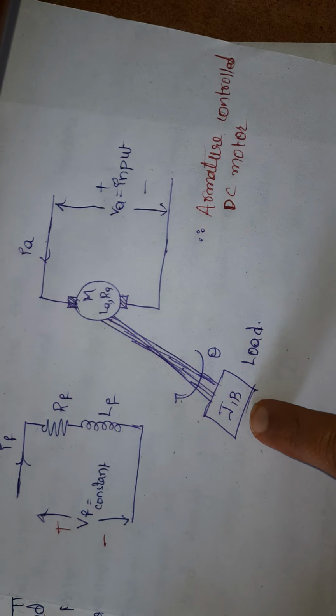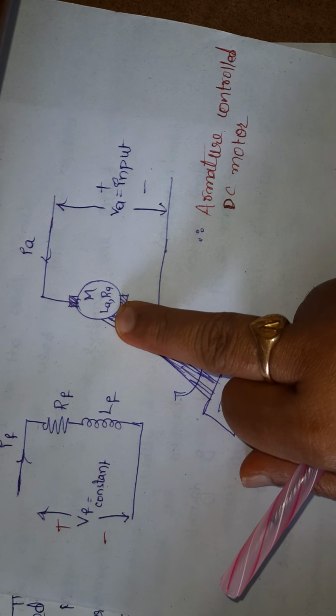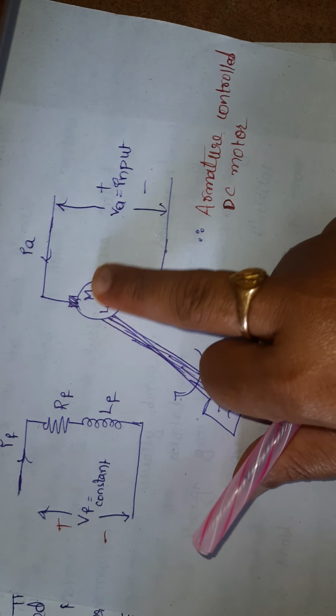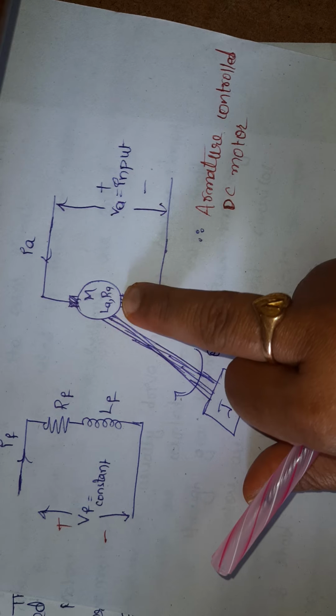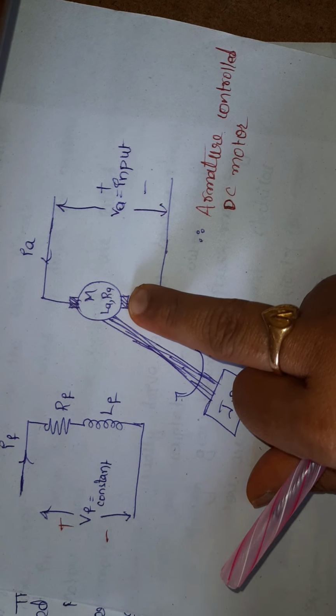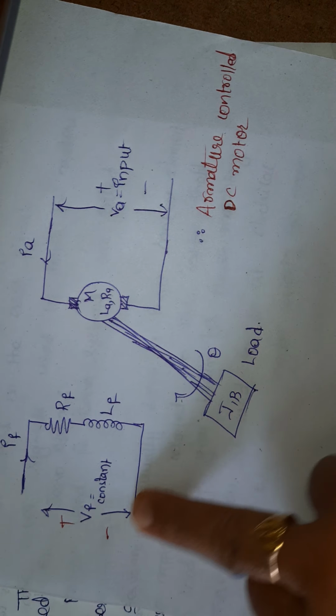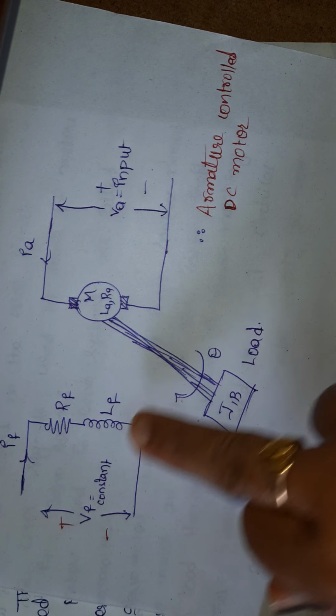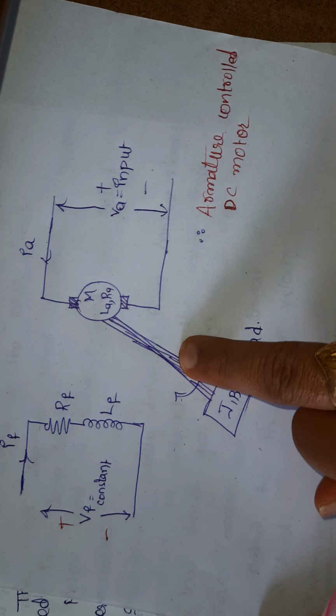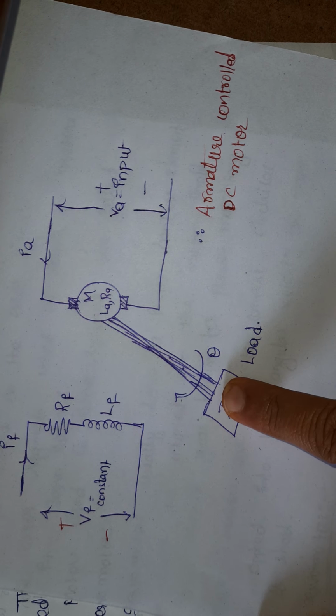So this is a load. Motor is here. This is a motor which is having LA, RA, inductance and resistance. This is armature side and this is field side. Okay, so for the motor through shaft load is connected.